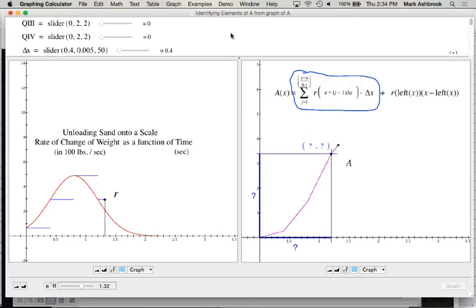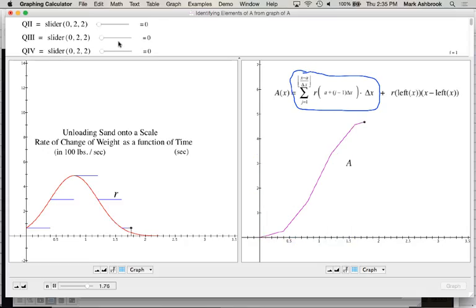Okay, let's do this one. There we go. What is the vertical? What is the horizontal? Go.